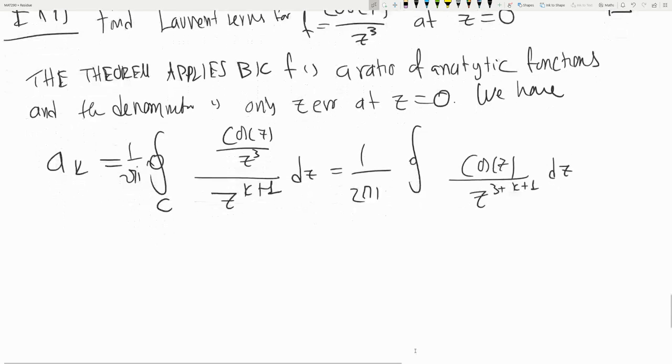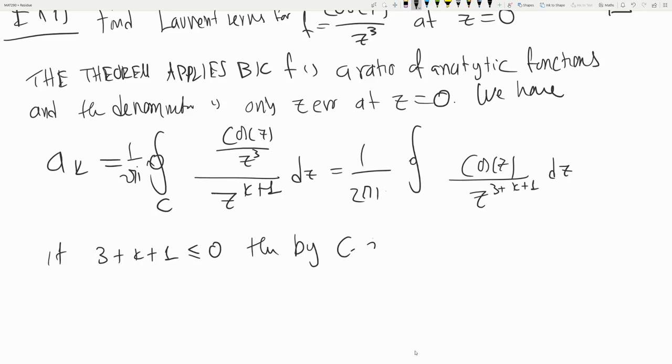So before we move on, we have to answer some questions. When is this even not 0? If 3 plus k plus 1 is less or equal than 0, then by Cauchy-Goursat, the integral is 0 because it's analytic.